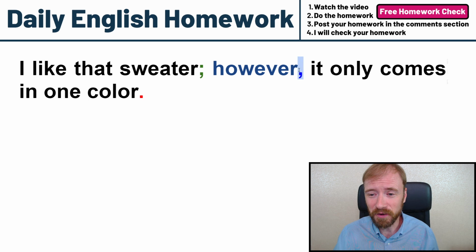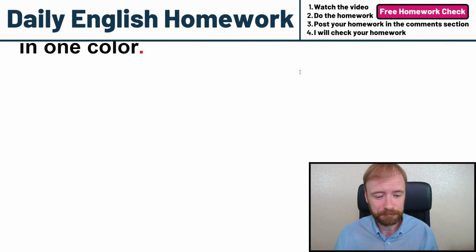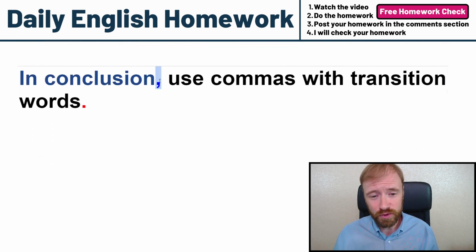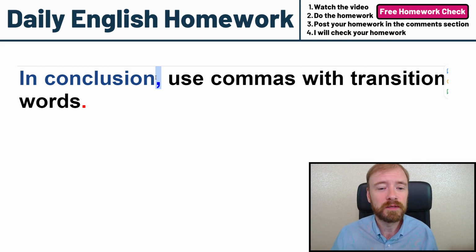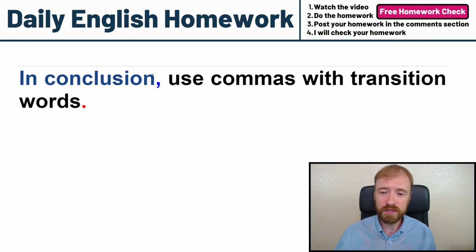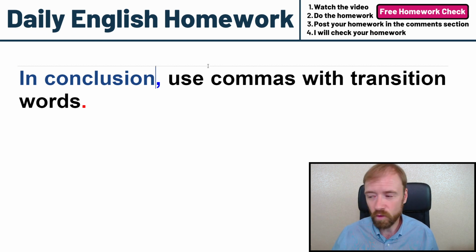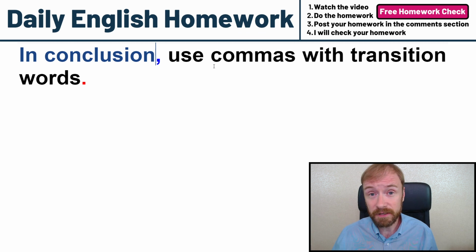All you need to know is however is a good transition word. Use a comma. In conclusion, so for your essay, if you use in conclusion, comma. So in conclusion, use commas with transition words. Very important for writing, especially essays.